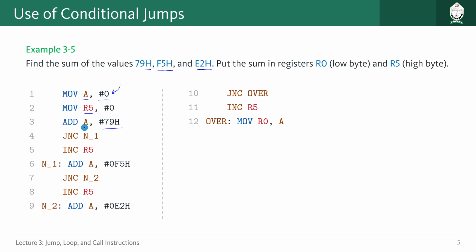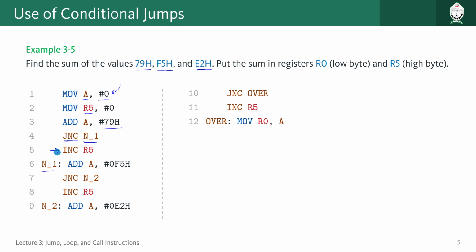One of the bits particularly detects the carry. So if that happens, this particular conditional jump will understand that. Okay, so jump if not carry. Jump if not carry means if carry doesn't happen in this particular arithmetic, then we are going to get to the N1 label without executing this line.